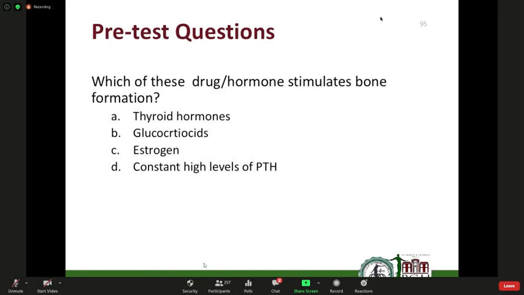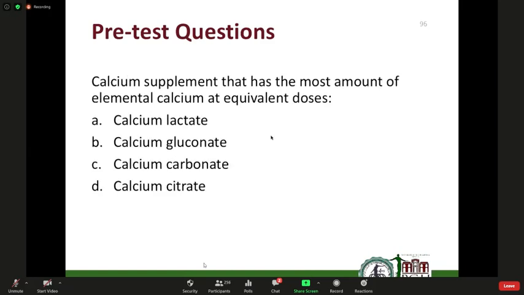Yung mali kasi sa tanong is, it's not so much bone formation as inhibiting bone resorption. And the answer would be the hormonal therapy, such as estrogen. So tama yung the greater majority of you who answered it. Mali yung lahat because thyroid hormones, glucocorticoids, and constant high levels of PTH actually decrease bone formation. Okay.